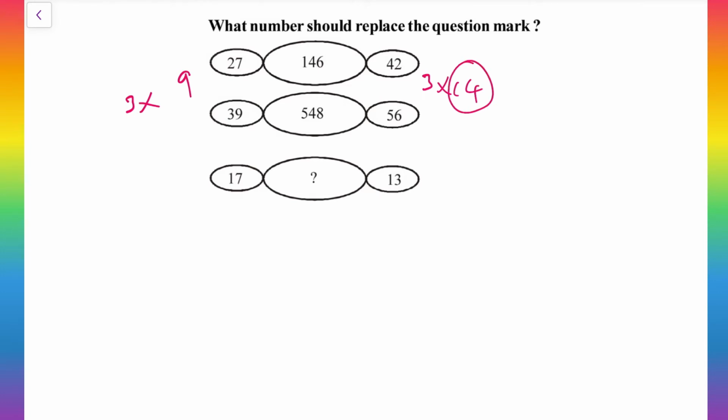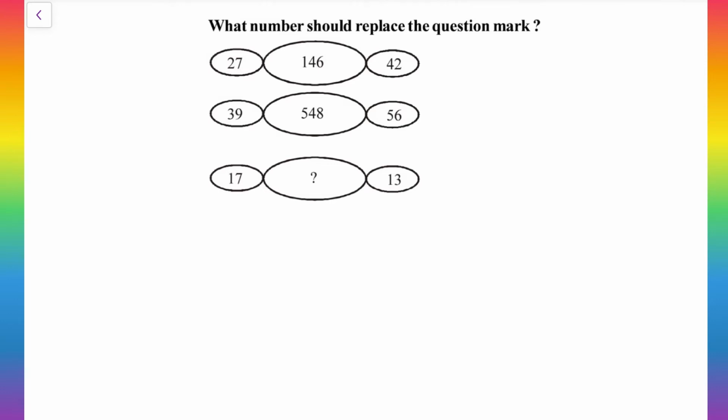Then these two numbers I will take, 14 and 9. 14 into 9 is 126 only, not 146. Now what I will do is think sometimes silly also, because all logics won't be very difficult. Sometimes very silly reasons will be there, but we won't catch them.